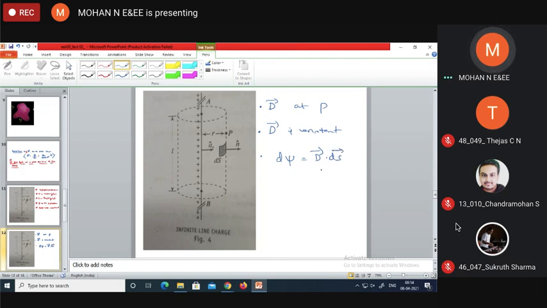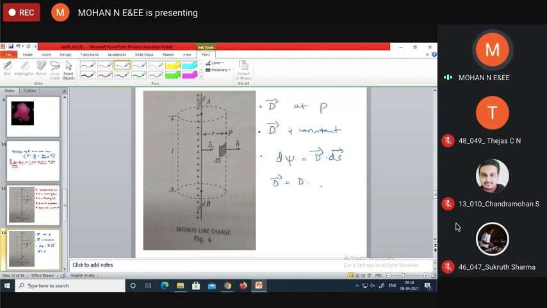This is the dot product of flux density and the surface vector. Let me write the D vector here. So D vector is equal to D into the unit vector perpendicular to the line charge.